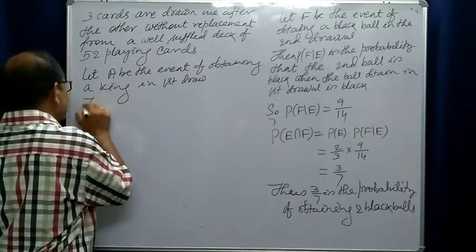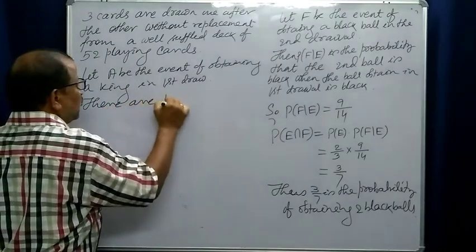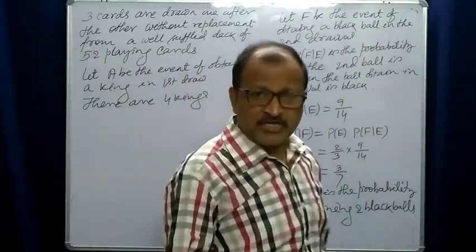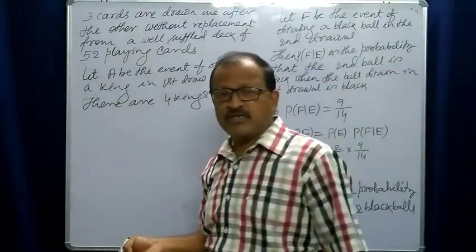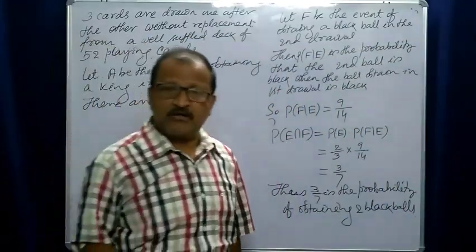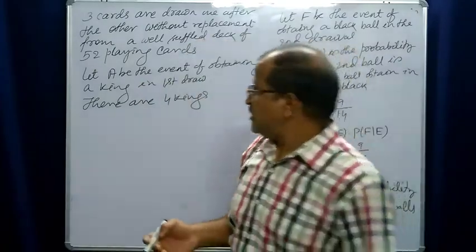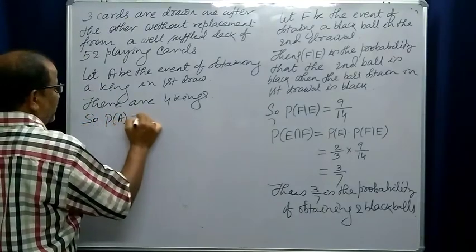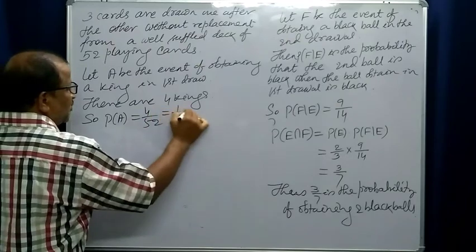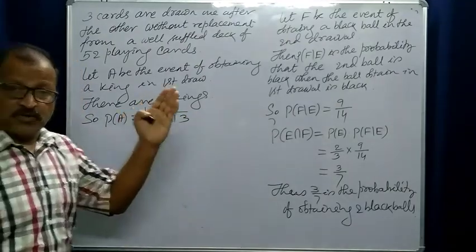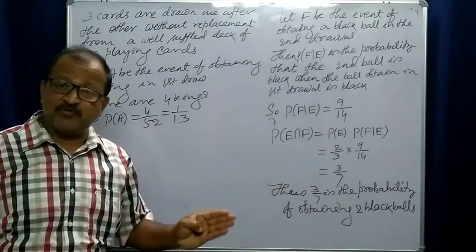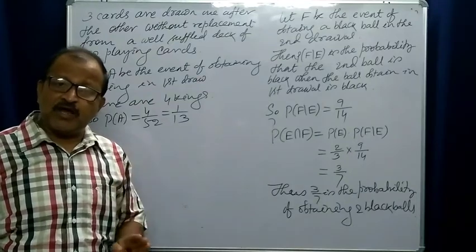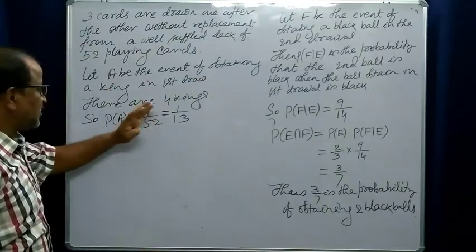There are 4 kings in a deck of 52 cards: one king in the heart, one in the spade, one in the diamond, and one in the club. So probability of A will be 4 by 52, that is 1 by 13, because we can draw 1 card out of 52 cards in 52 different ways, and 4 of them are kings.